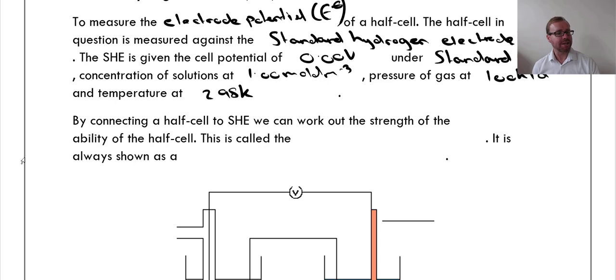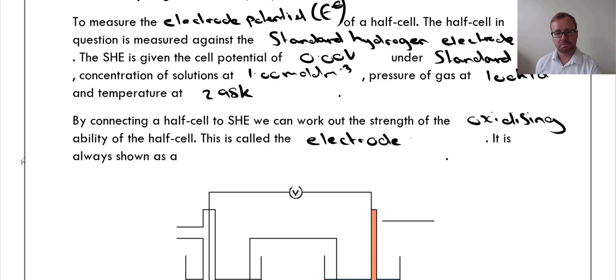Okay, so by connecting a half cell to a standard hydrogen electrode, we can work out the strength of the oxidizability of the half cell. This is called the electrode potential, and it is always shown as a reduction half equation.